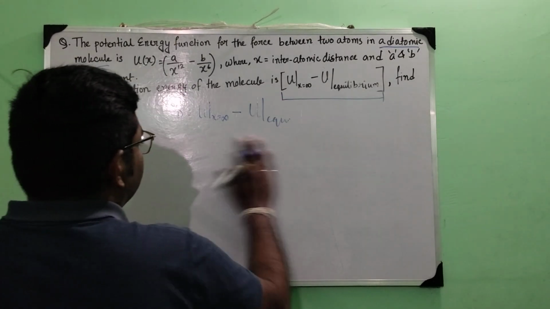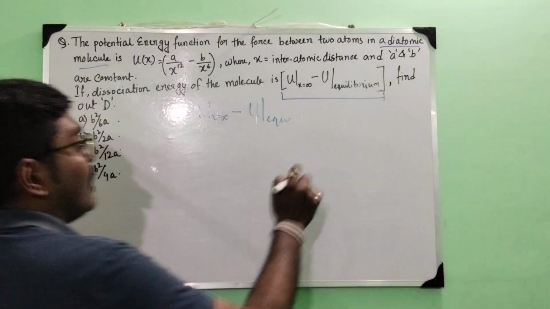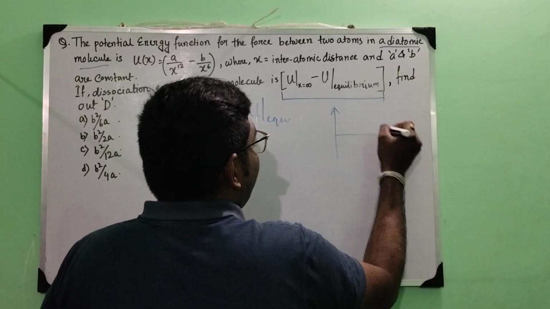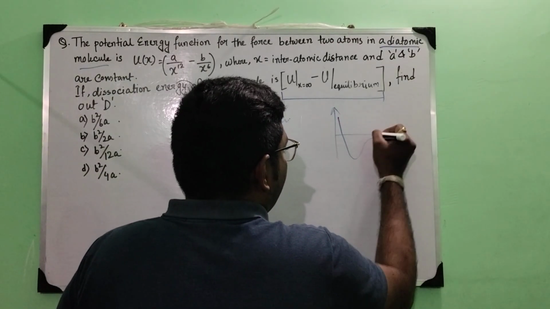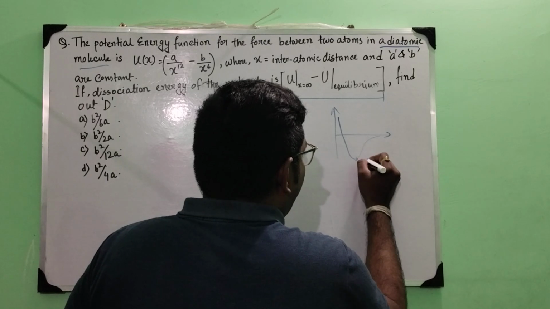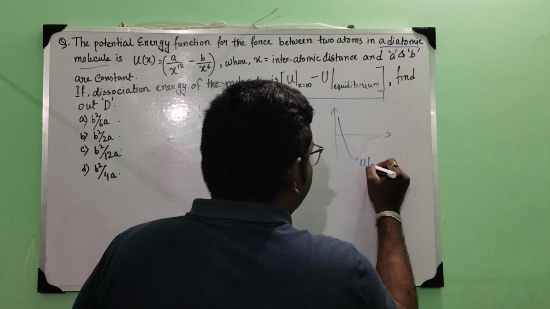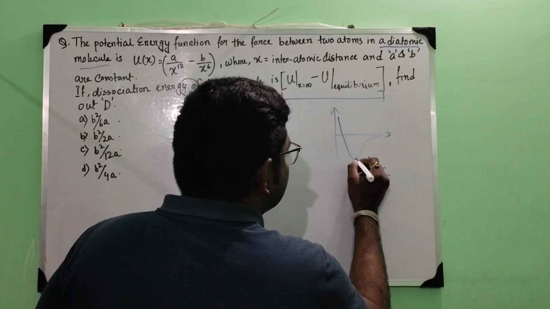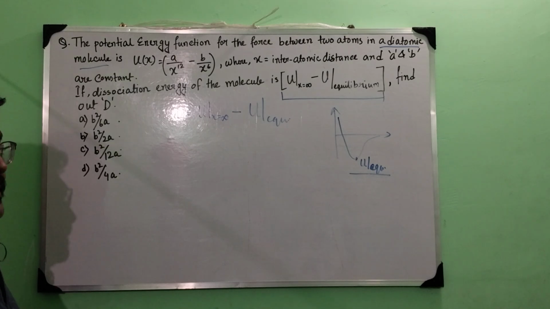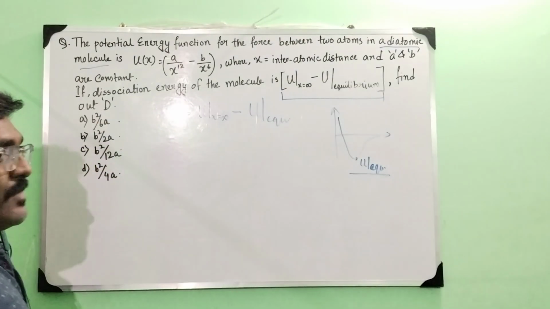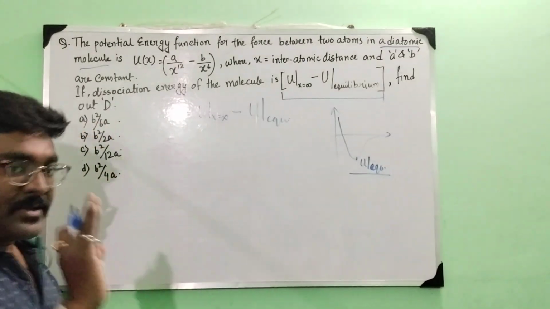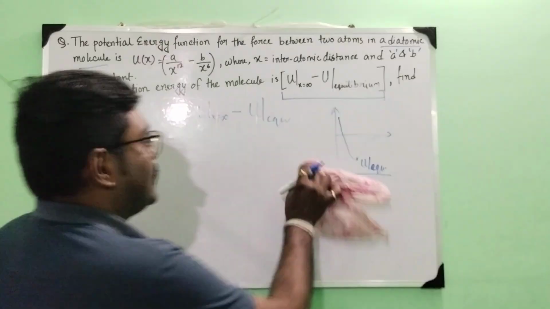Equilibrium means, whenever we draw this graph, this point is the equilibrium point, U at equilibrium. This is the U at equilibrium. Now, how will we find it? Just wait and watch.